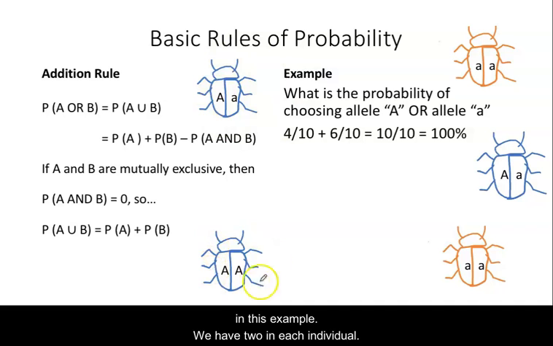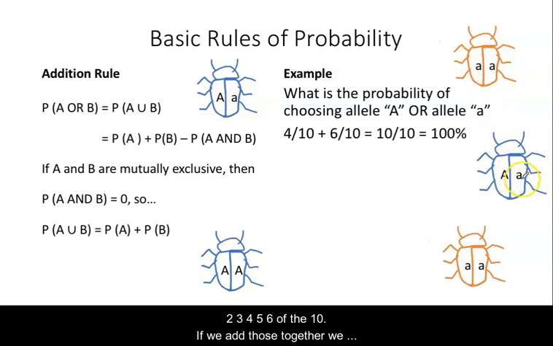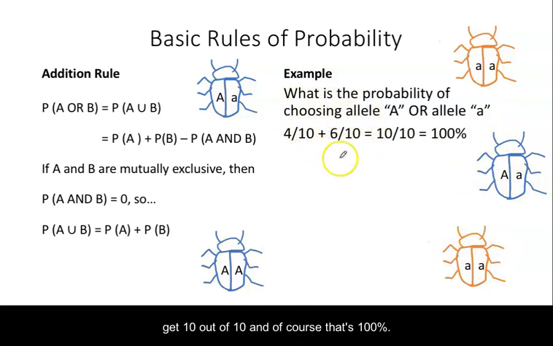We've got 2 in each individual beetle. And the frequency of the little a allele is 1, 2, 3, 4, 5, 6 of the 10. And if we add those together, we get 10 out of 10. And of course, that's 100%.